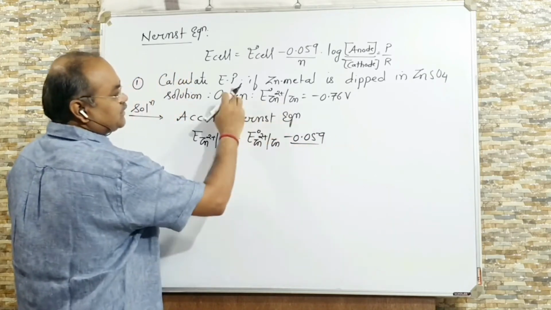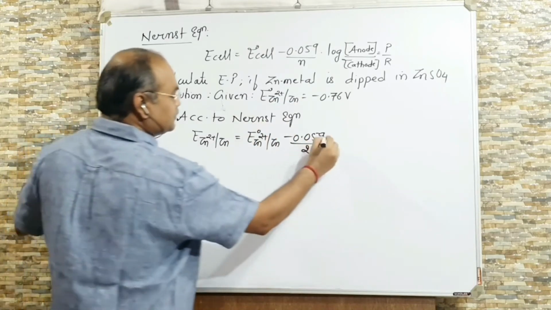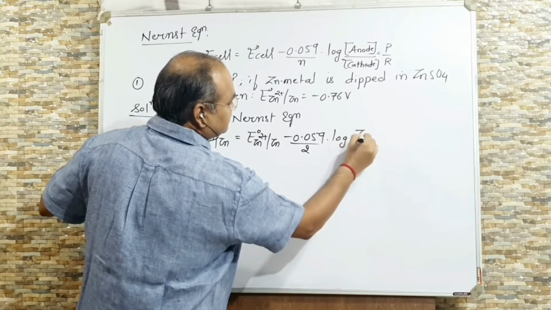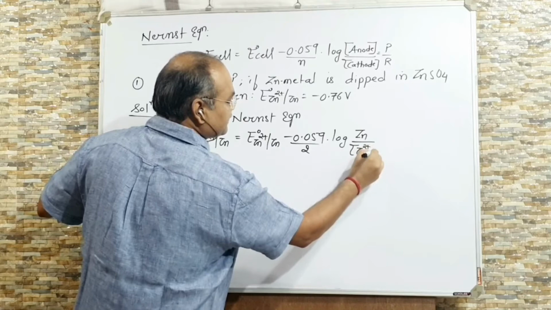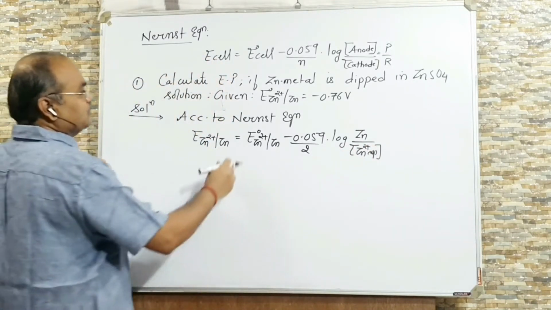N you know is the number of electron transfer. So Zn2+/Zn means the number of electron transfer is 2, into log of Zn by Zn2+ aqueous. Clear?